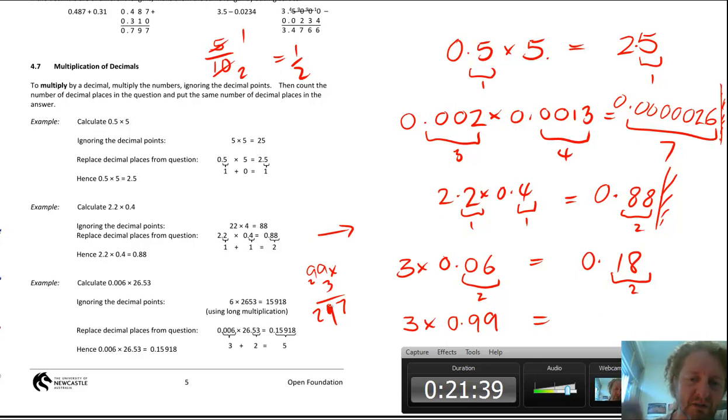We could have used our mental arithmetic and said it's the same as 300 minus 3 ones. But anyway, it's 297. But it should only have 2 decimal places, because that's got no decimal places, that's got 2. So it's really 2.97. And you can often make sense of it by going, look, the question was practically 3 times 1. Of course the answer is going to be 3-ish, very close to 3. Great. So there's multiplication of decimals.